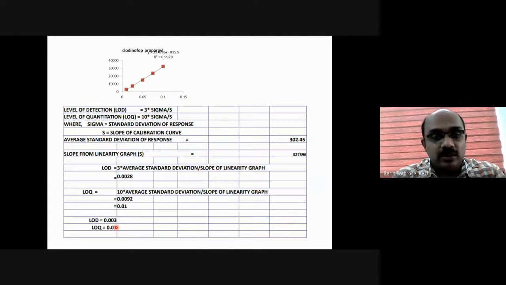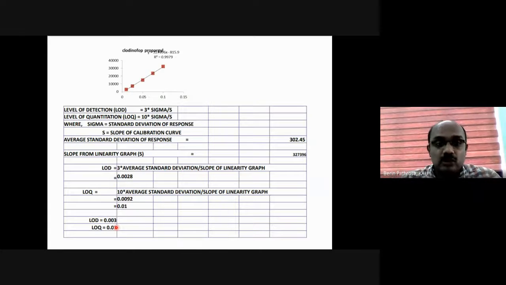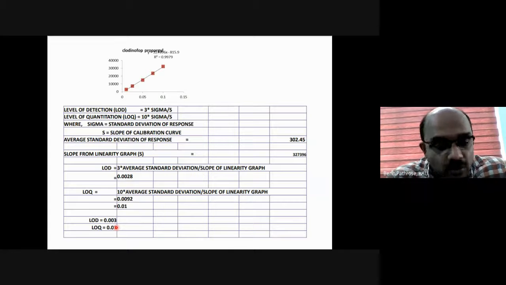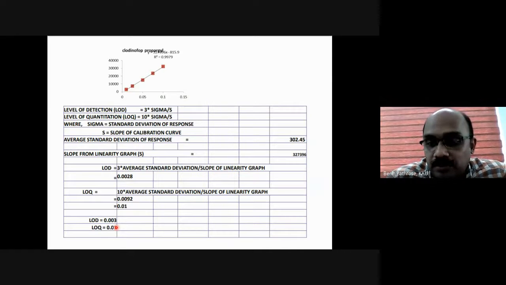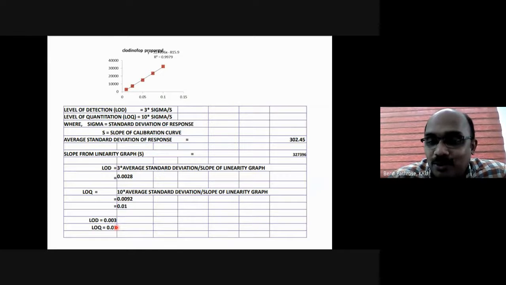Are you clear about this method development and validation? Then I will go into the steps in pesticide residue analysis. Yes or no? Why no response from anyone?